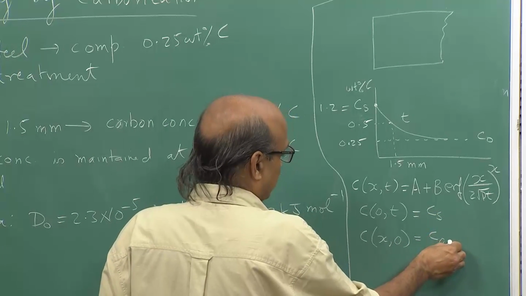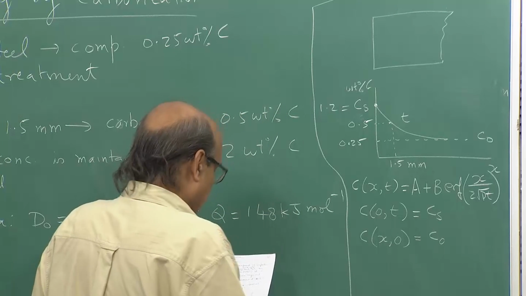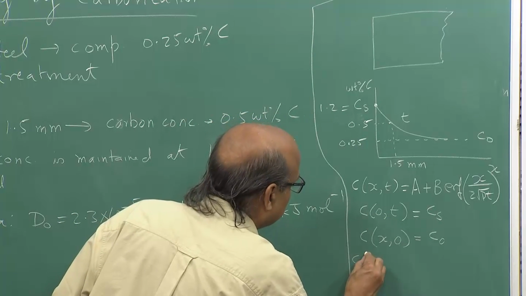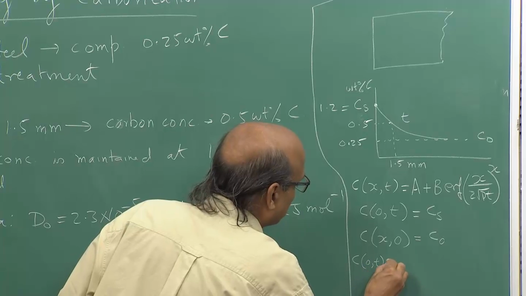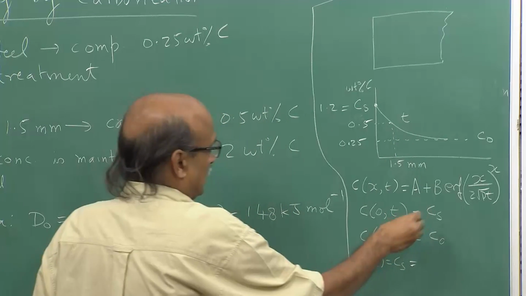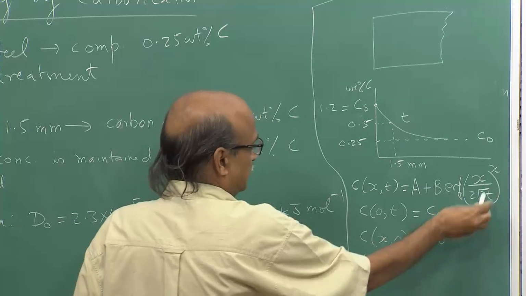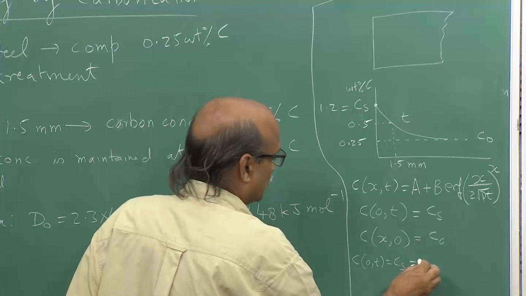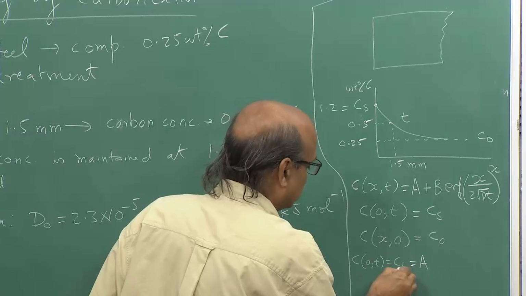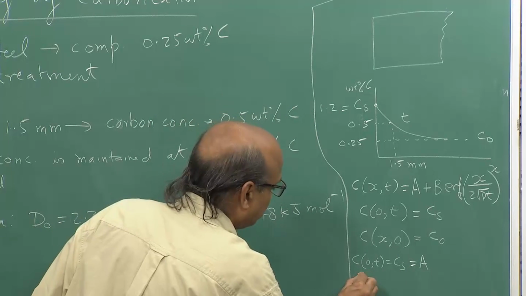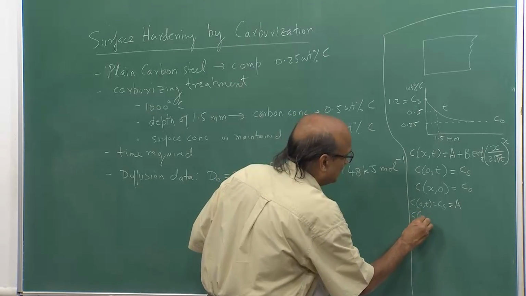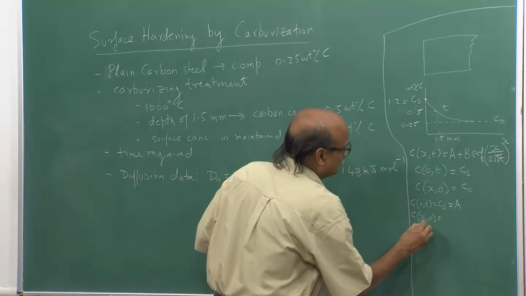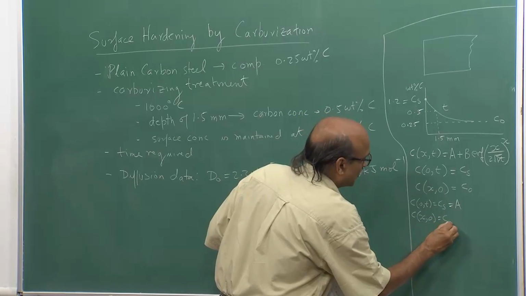If I put the boundary condition C(0,t) equals Cs into this expression, when I put x equal to 0, error function of 0 is 0. So, hence the constant A is simply Cs. I put the initial condition C(x,0), this should be C0.